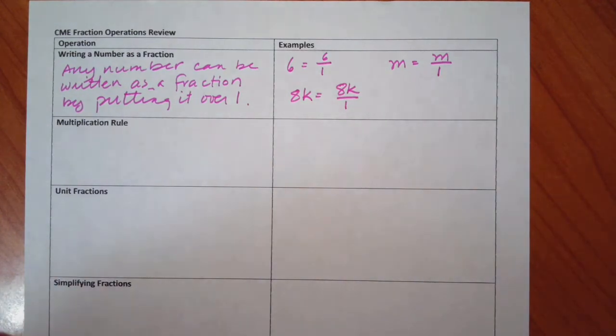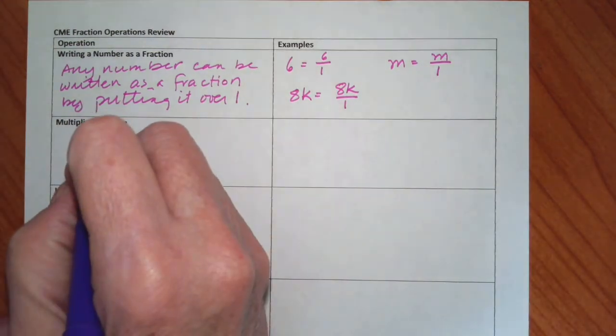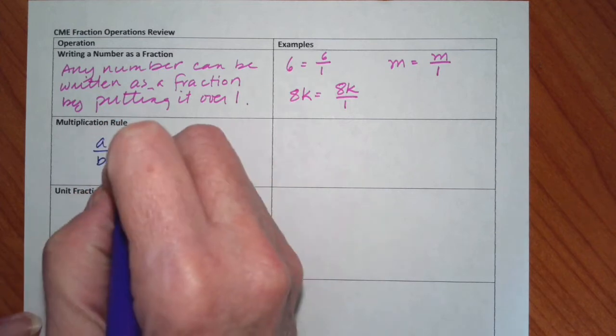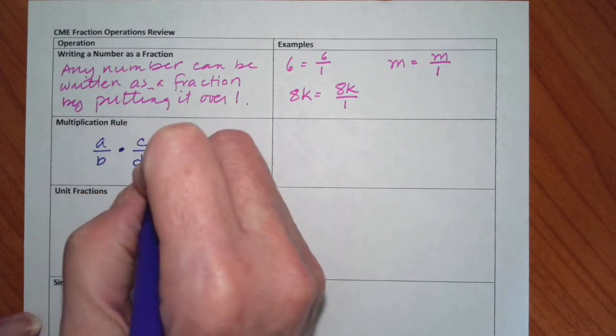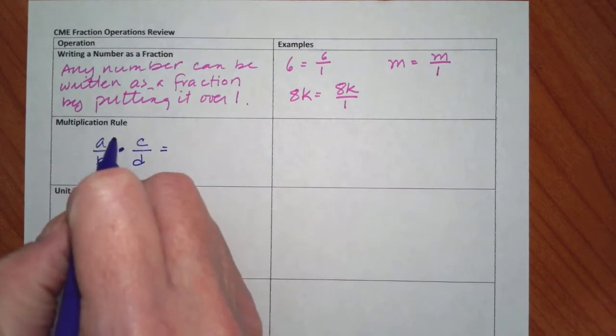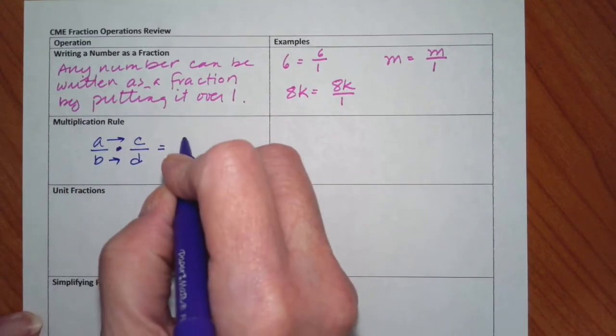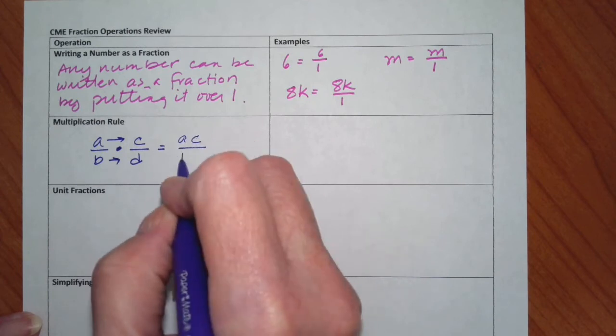That leads into our next thing, which is the multiplication rule. What the multiplication rule says is that if you're multiplying fractions, if you have any fraction, a over b times c over d, you just multiply straight across. This is equal to ac over bd.